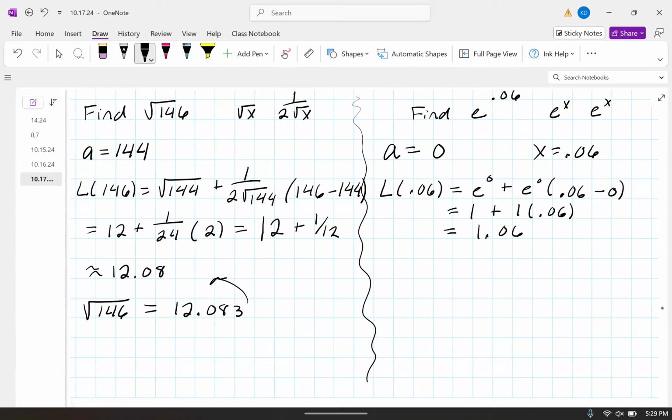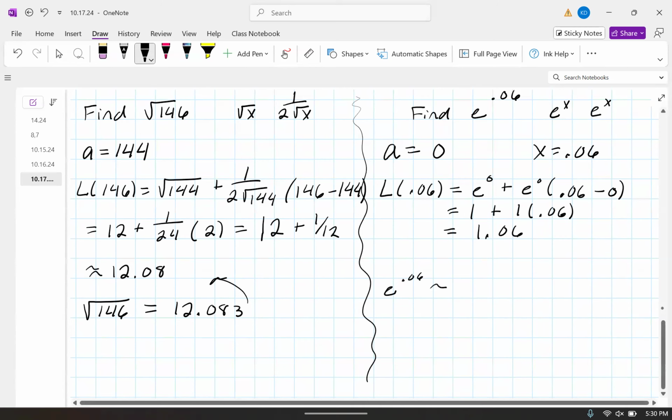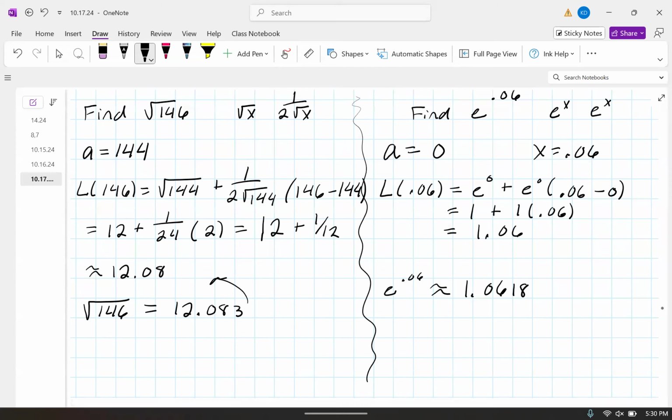That seems right. Plug it in my calculator, I get something really close. So these values are pretty close each time, so they're working out nicely.